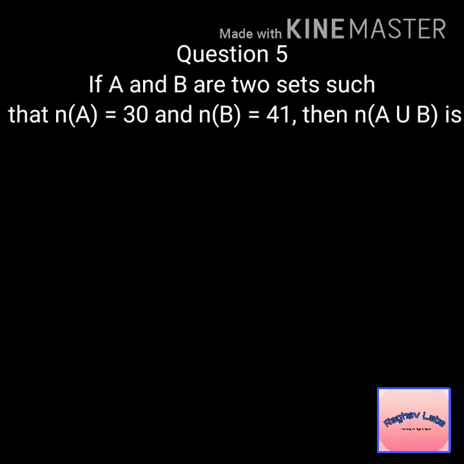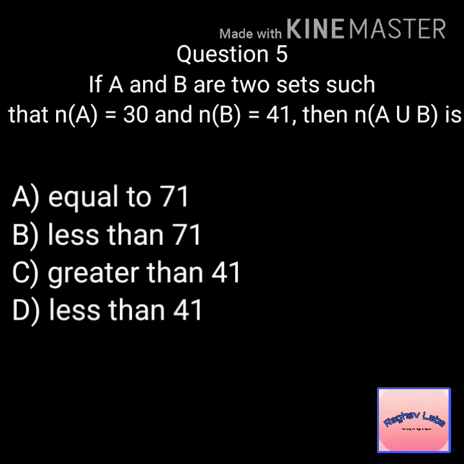If A and B are two sets such that n of A is equal to 30 and n of B is equal to 41, then n of A union B is, options: equal to 71, less than 71, greater than 41, or less than 41.